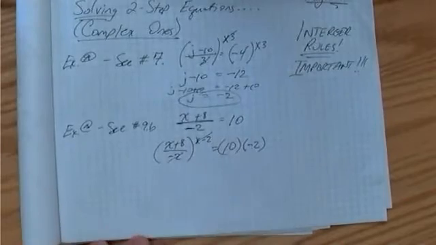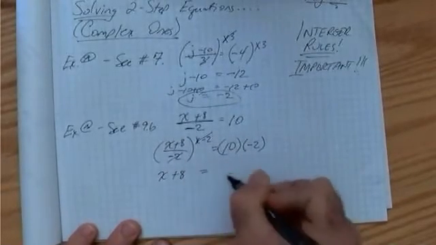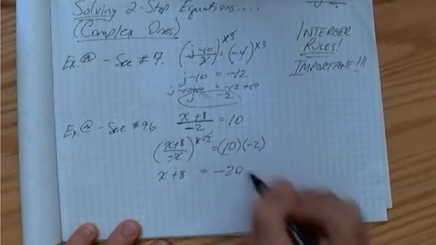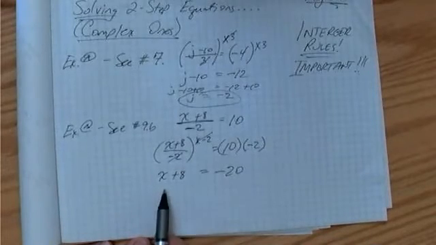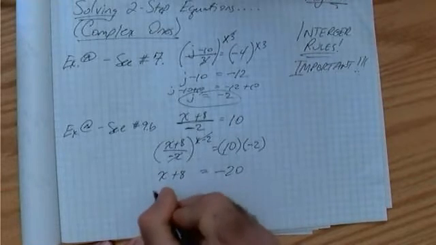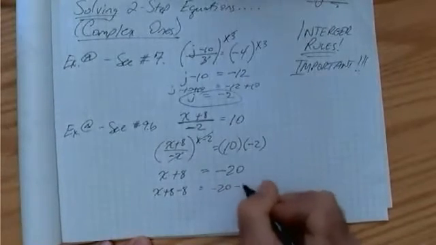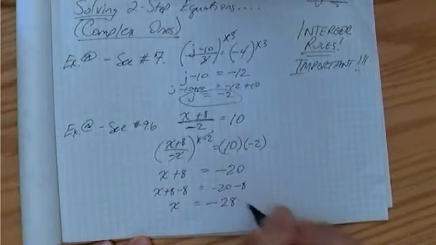So this will eliminate the denominator. Positive times negative is -20, and then we have just a simple single-step equation left, which we've always dealt with, and you guys did great with those ones. So we got x plus 8 subtract 8, -20 subtract 8. So x is equal to -28.